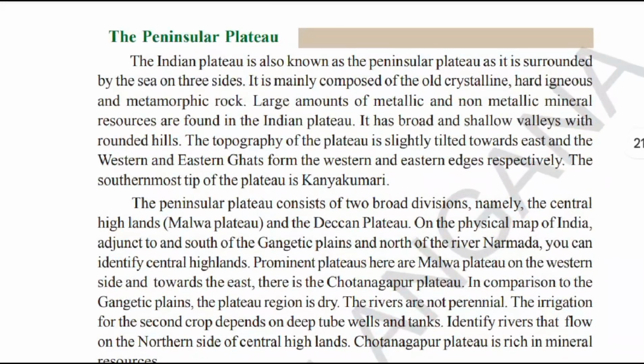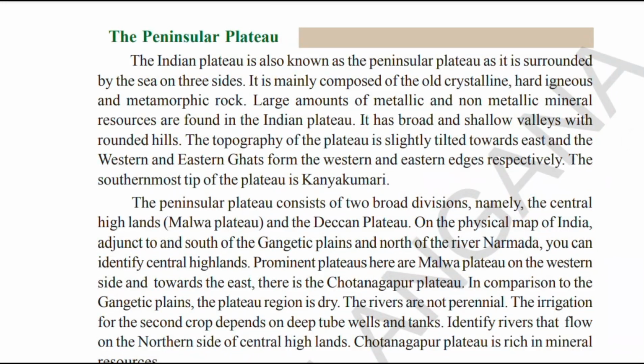So let us see here. Indian plateau is also known as the peninsular plateau. It is surrounded by the sea on 3 sides. As we have discussed in the differences between peninsula and island, you can figure out from here. It is mainly composed of old crystalline and hard igneous and metamorphic rock.